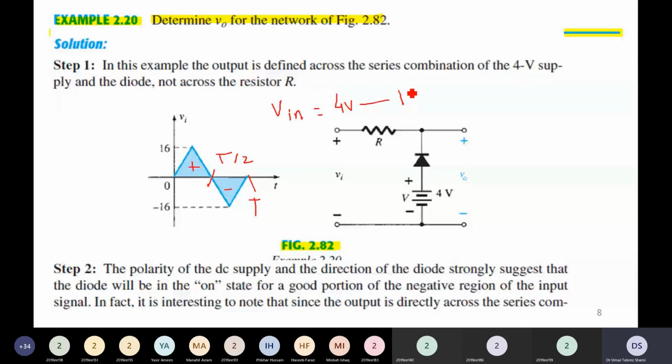Let us assume that we have 5 volts at V in, 4 volt of the external battery. How can we decide whether diode D is forward biased or reverse biased? Will our diode be forward biased or reverse biased?